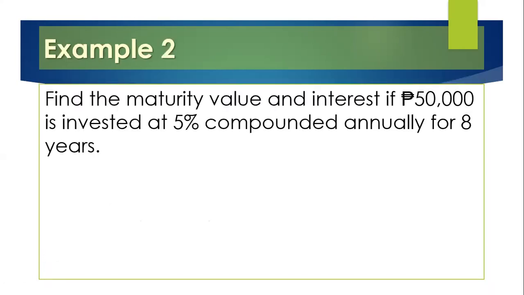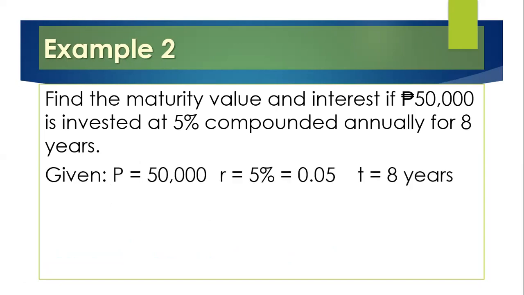So find the maturity value and the interest if 50,000 pesos is invested at 5% compounded annually for 8 years. So sulat ulit natin lang yung mga given, then substitute natin sa formula natin.